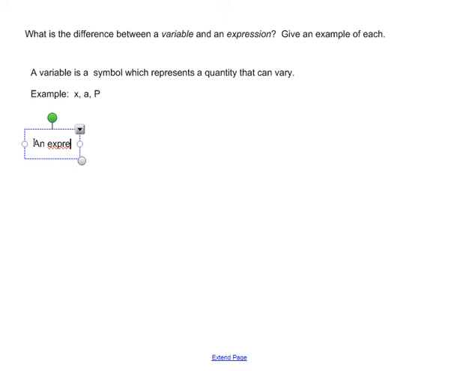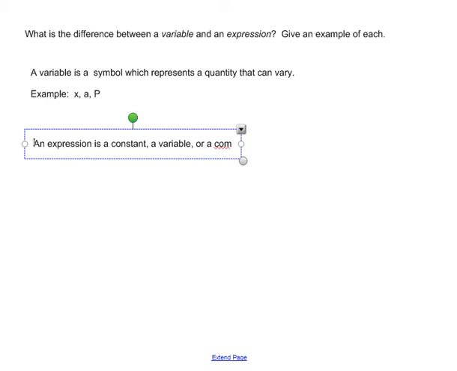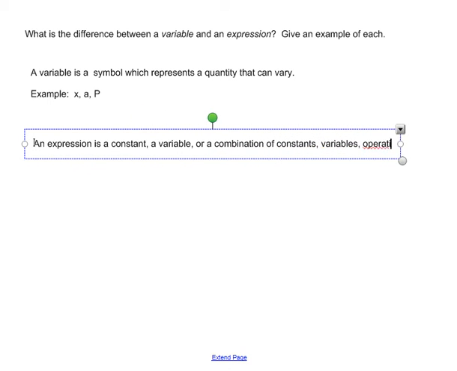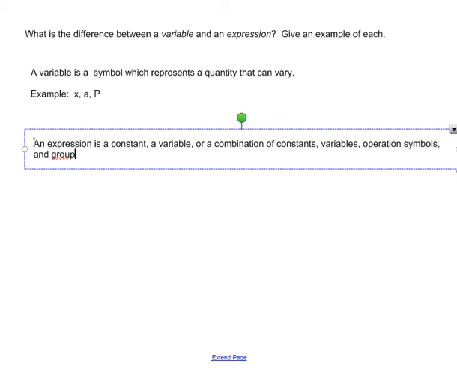So, an expression, the book tells us, is a constant, a variable, oh wait, there's the variable word, or a combination of constants, variables, operation symbols, and grouping symbols, such as parentheses. Okay, so that's the definition that we're given for an expression.